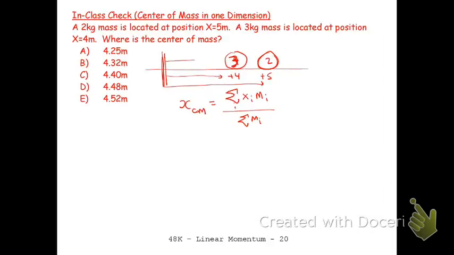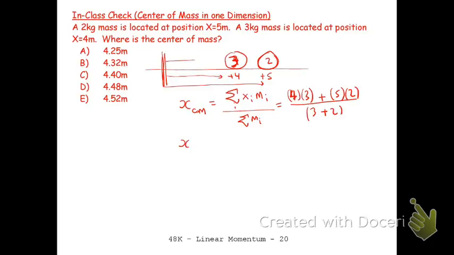So, I've only got two of these things. It's the first one, which is 3 times its distance. I did it the wrong way now. So it's 4 times its mass, plus, as a sum, 5 times its mass, over the first mass plus the second mass.